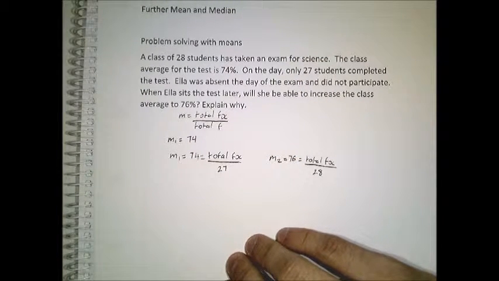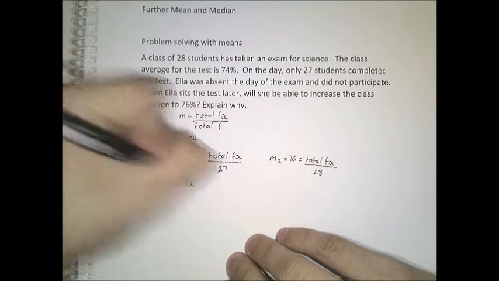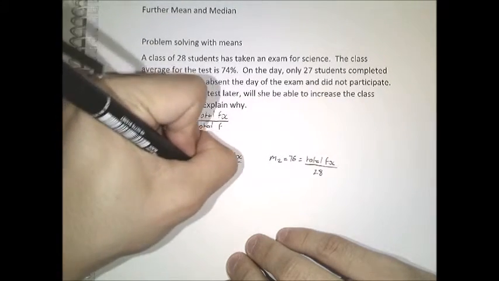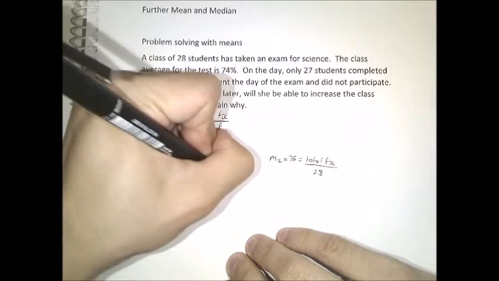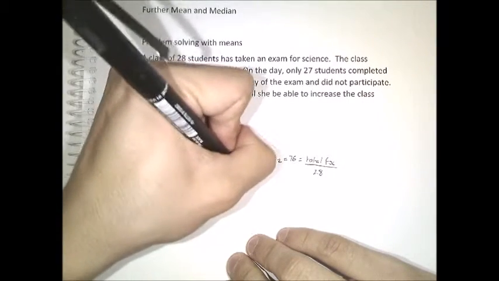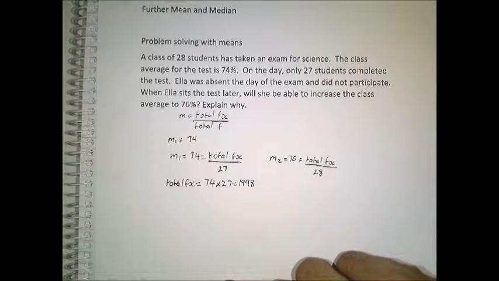We can use algebra to determine that the total fx for M1 will be equal to 74 times 27, which is equal to 1998, meaning that the class achieved a total combined percentage of 1998% when you add all of their percentages together.